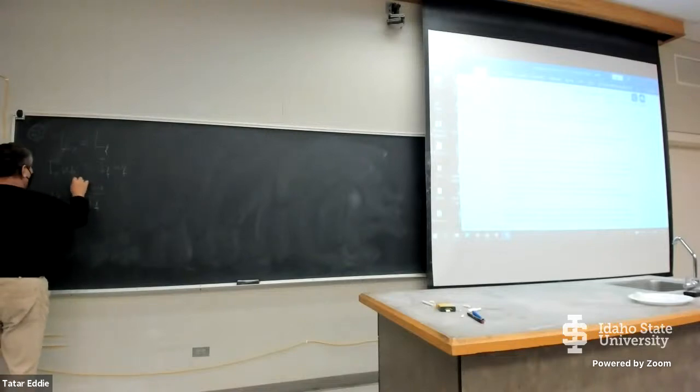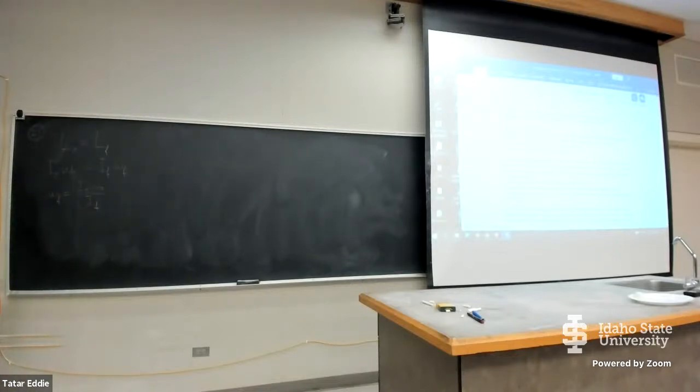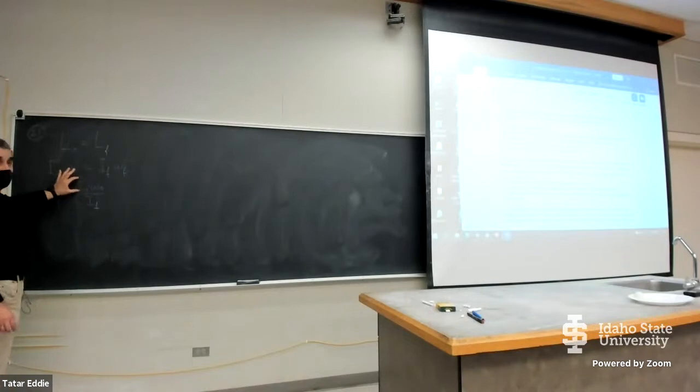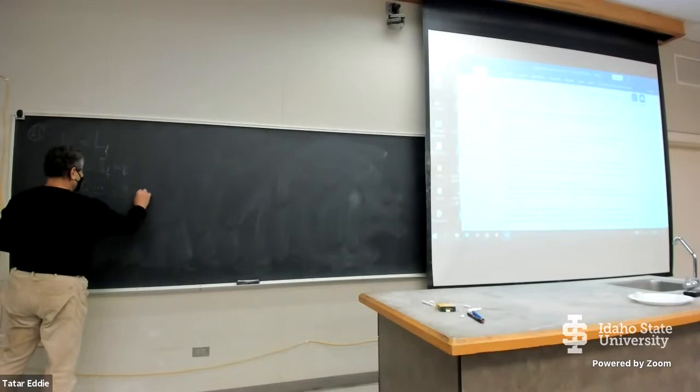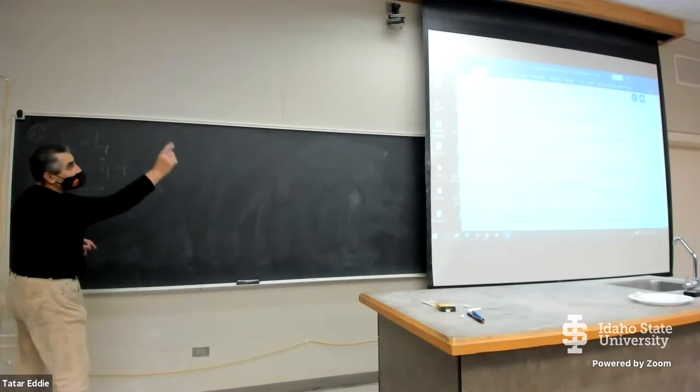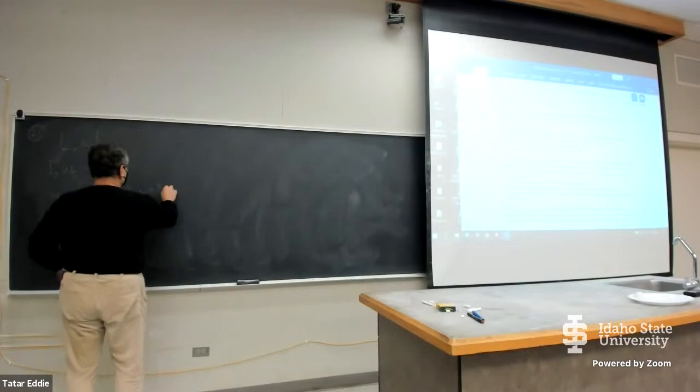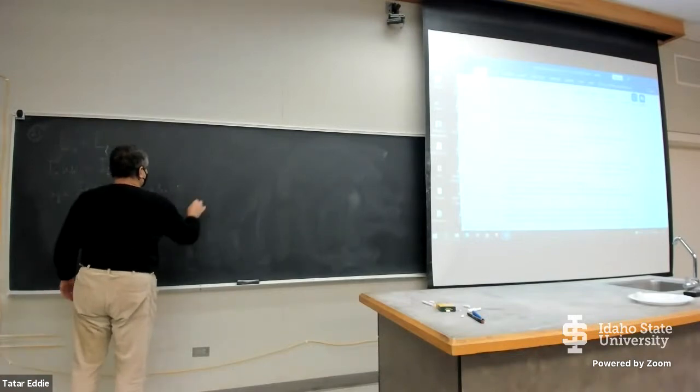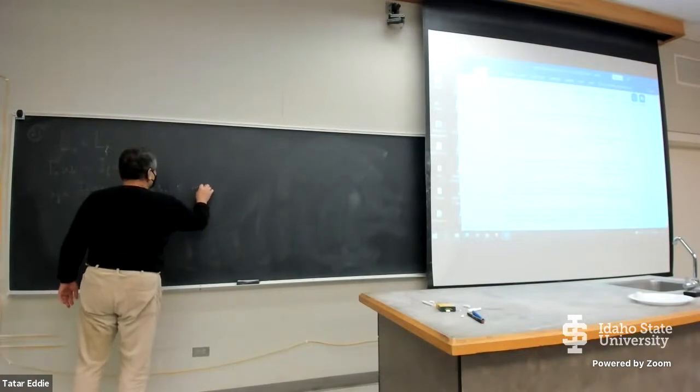So the ratio of angular velocities is proportional to the ratio of moments of inertia. So they say that the final is 3 times smaller than the initial. So this ratio here is 3. So this is 3 times omega naught, which is 3 times 2.5 in radians per second.